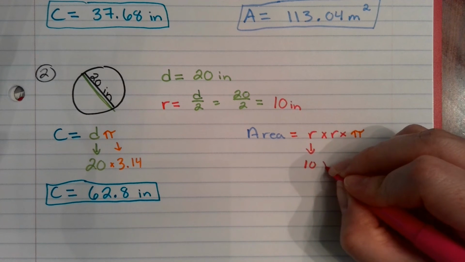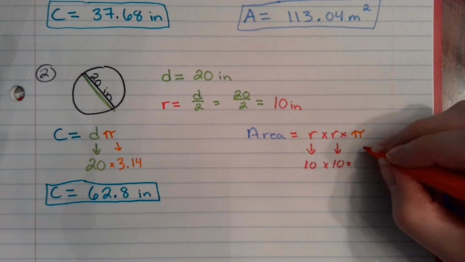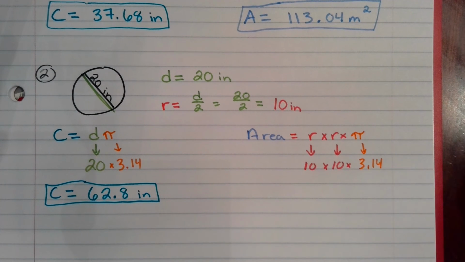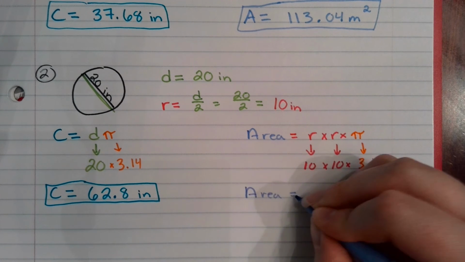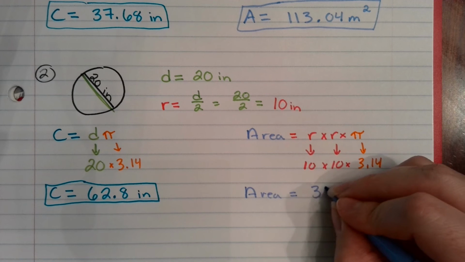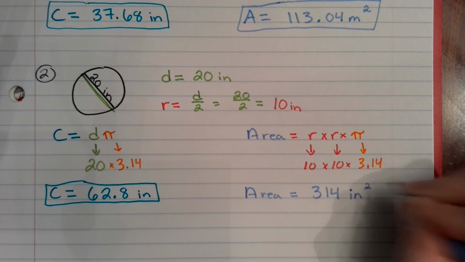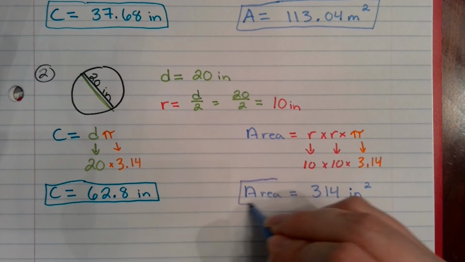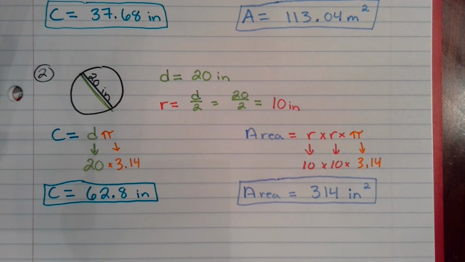So we're going to do 10 times 10 times pi, which is 3.14. Okay, 10 times 10 is 100, and then 100 times 3.14 is going to give us 314. So we get 314 inches squared. Area is always squared.